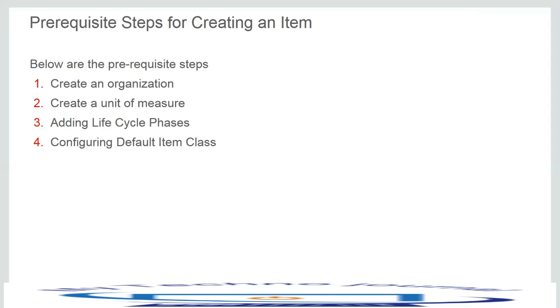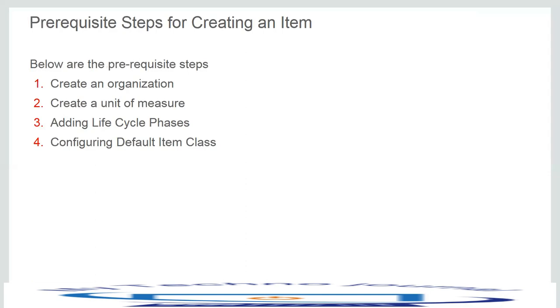So in Fusion applications, all items must belong to an item class. And Oracle Fusion provides a predefined item class called the root item class. So in case you are a Product Hub customer, we can create additional item classes under that particular root item class, that is under that particular default item class, which is root item class.